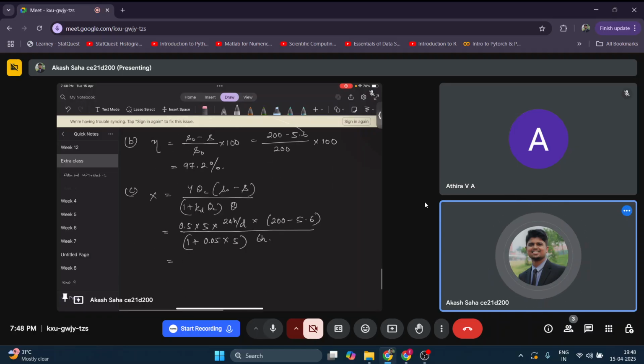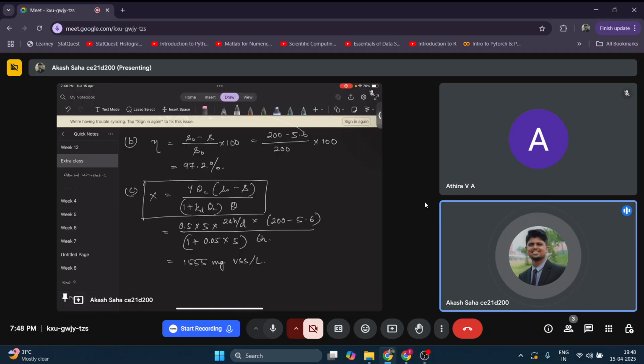If we solve it, we will get 1,555 milligram VSS per liter. So direct application, this formula just has to be memorized.